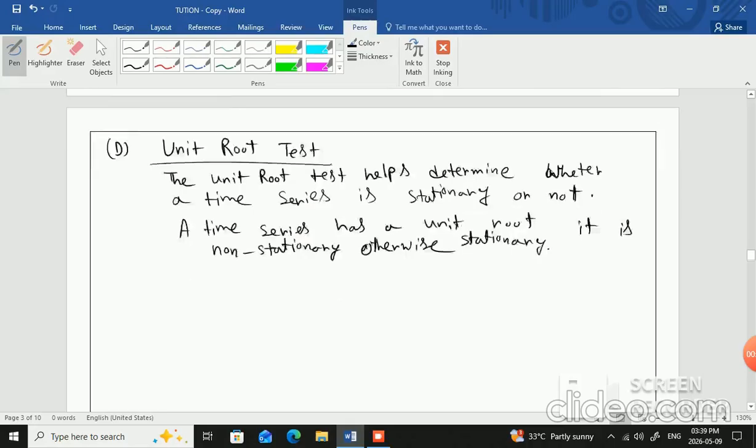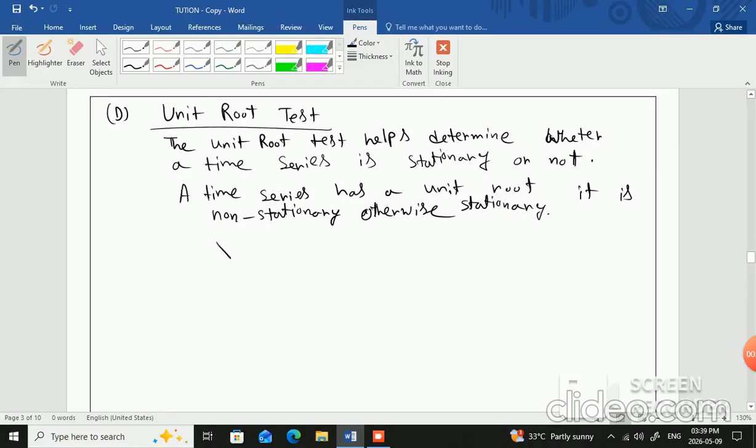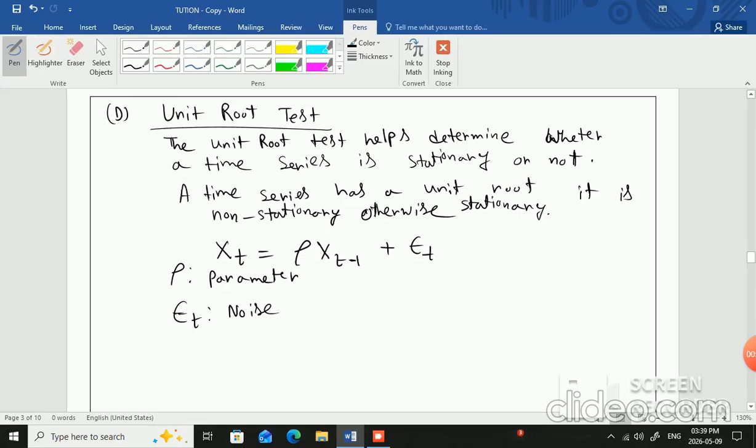The model of the unit root test is xt equals rho xt minus 1 plus epsilon t. Rho is the parameter, epsilon t is the noise or error term. xt is the time series observation value at time period t, xt minus 1 is the value at time t minus 1.